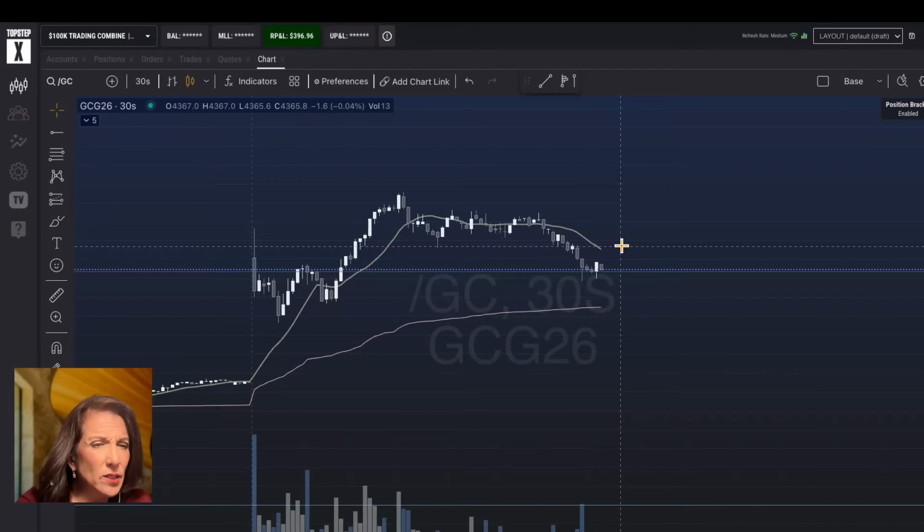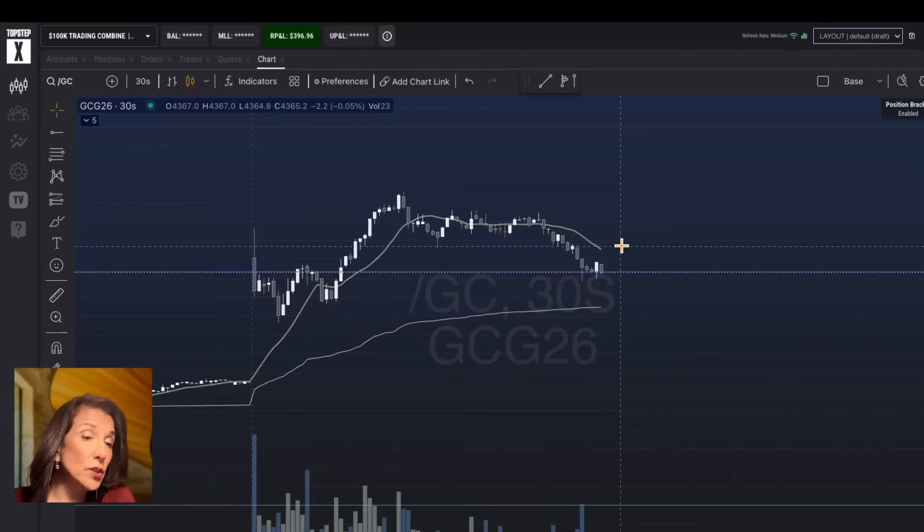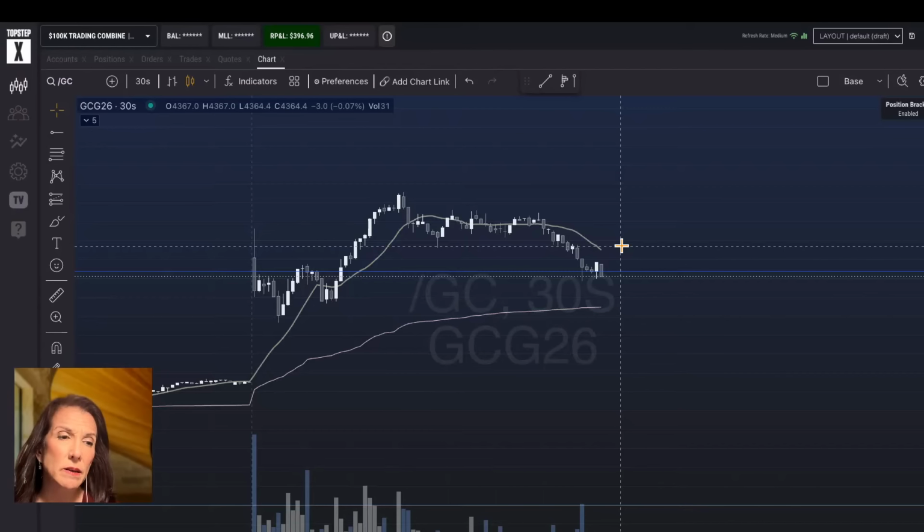I don't like the look of the tight 0DTE band. Yes, that's a good observation, Tom. And here's the thought. The reason I stopped putting up the 0DTEs: one, they move so dramatically.